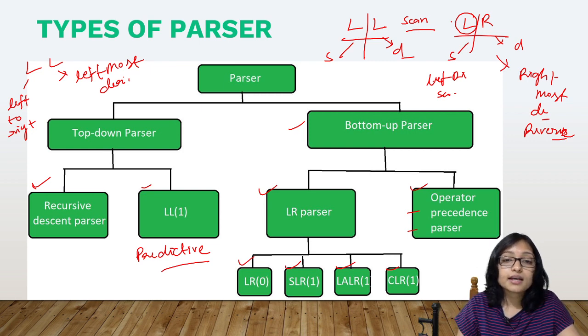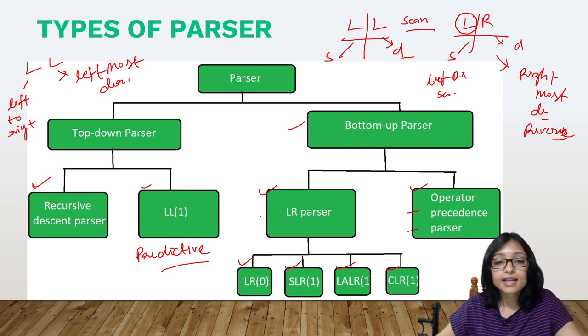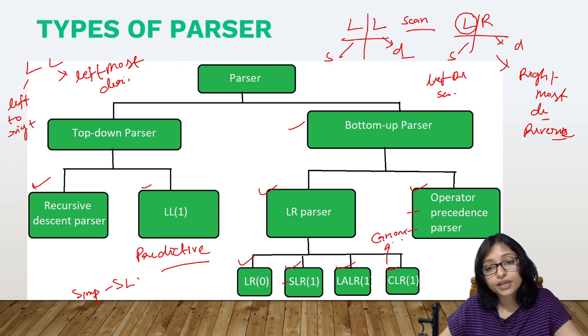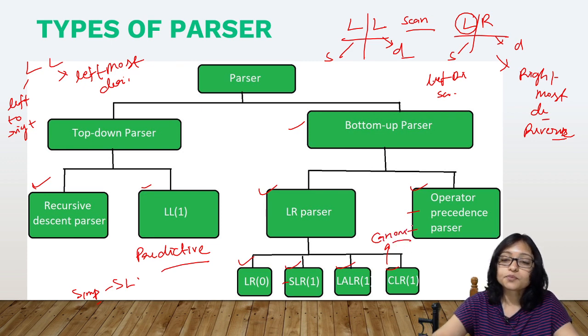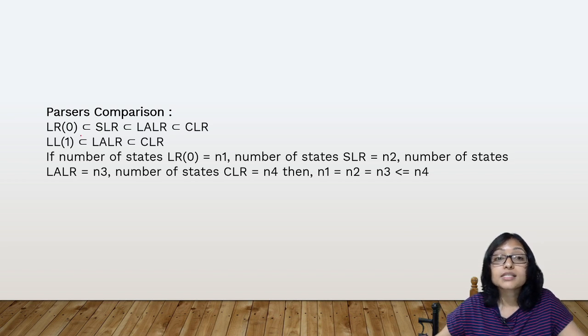And now what is the SLR? SLR is actually simple LR, and CLR is canonical LR. Okay. So here is the parser comparison.